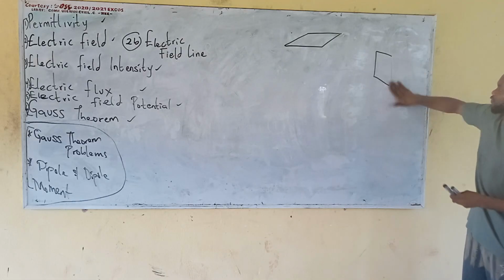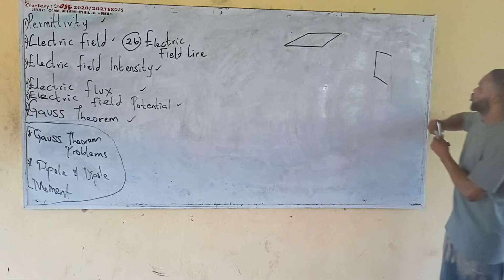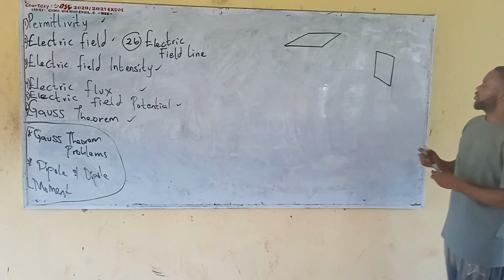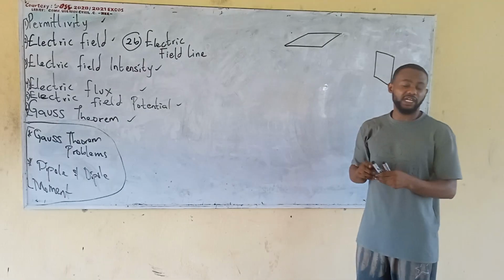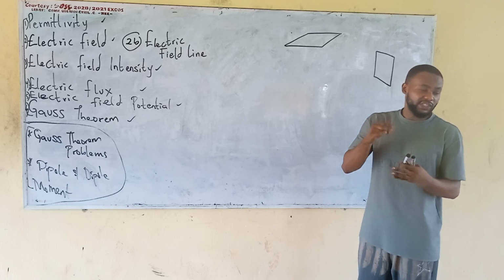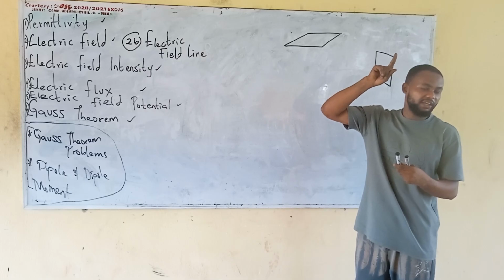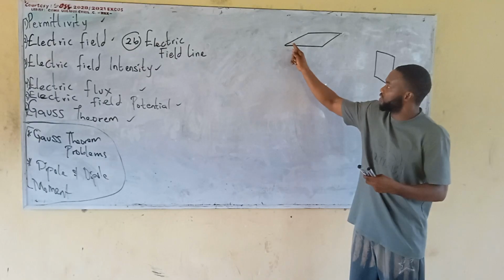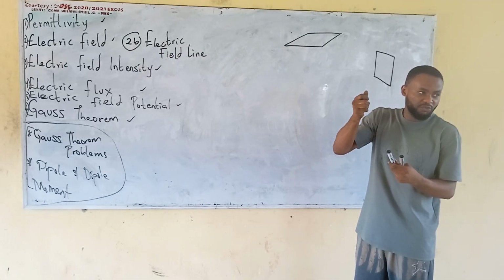Electric field line is an imaginary line that is used to show the direction of charges in an electric field. Charges can be on this surface. We remember that in our last class we said that whenever a body is heated up or is charged, the charge inside it rushes to the surface. We said it in our first class. Always have it in mind. As it gets to the surface, the next thing it will be checking for is the sharpest points, like the edges, where it is the sharpest. That is what we call action of point phenomenon.